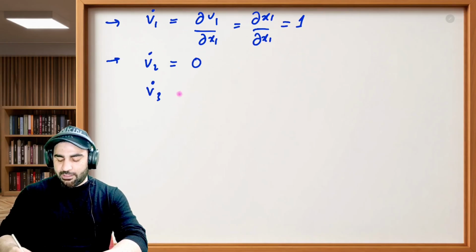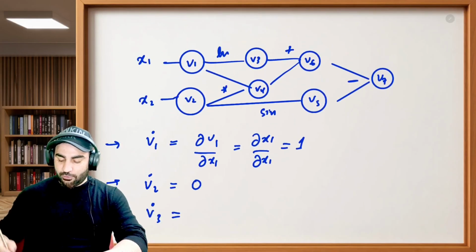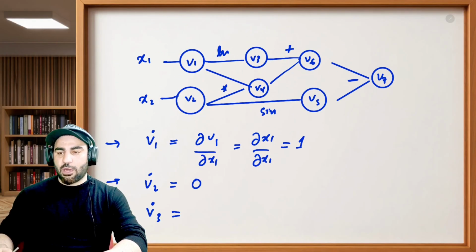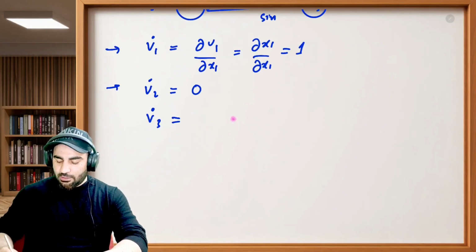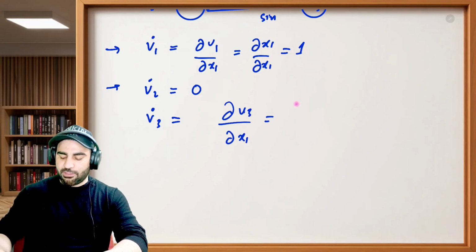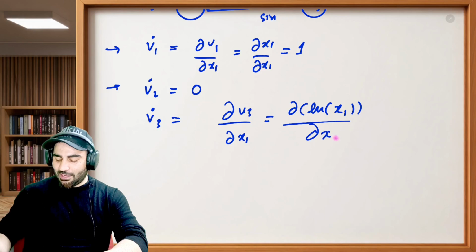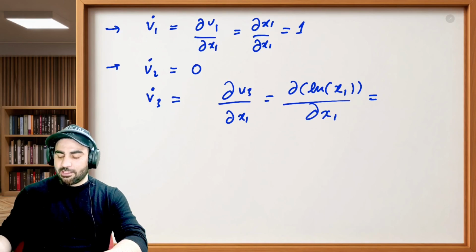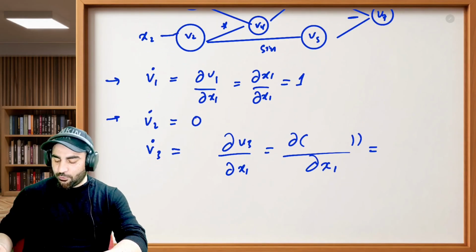Then we have v3 dot. How to compute this? This is the derivative of v3 with respect to x1. So how did we get to v3? We can use the definition of v3, which was log of x1. Rather than writing the whole definition, I can use v1, because I have v1 with me.